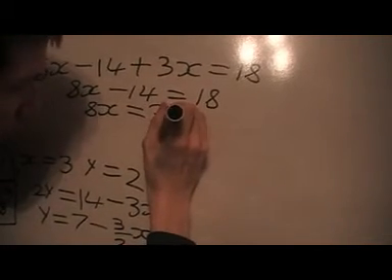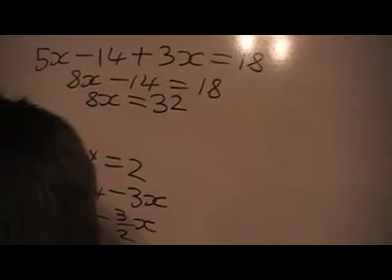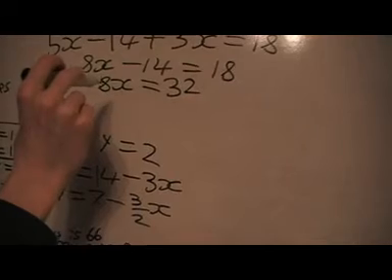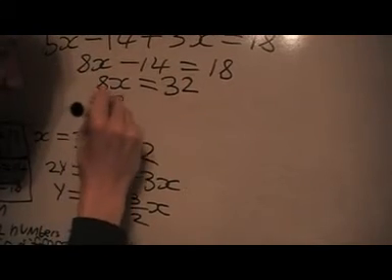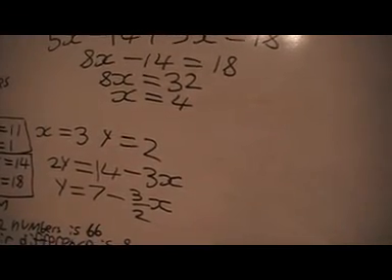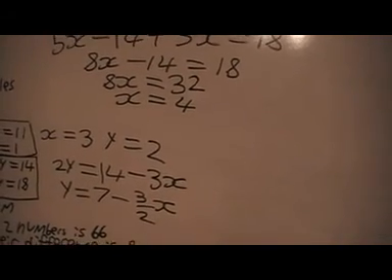So then we'll divide both sides by 8 here, and we get x is equal to 4. Don't know where 36 came from, but never mind.